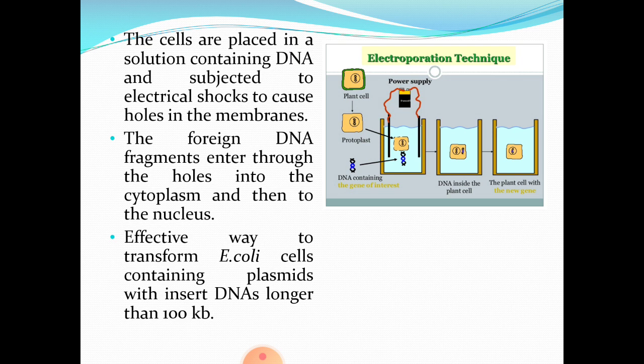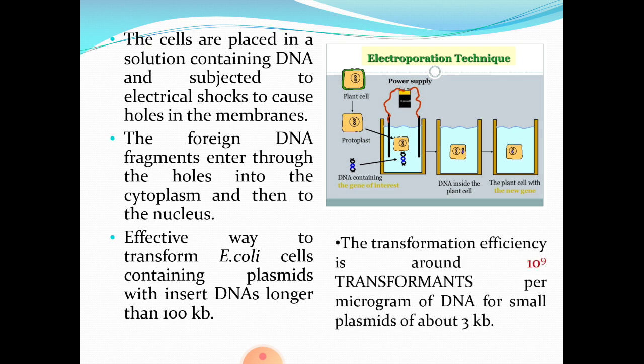This has been the effective way to transform E. coli cells containing plasmids with insert DNAs longer than 100 kb. Then, the transformation efficiency is around 10 to the power of 9 transformants per microgram of DNA for small plasmids of about 3 kb.